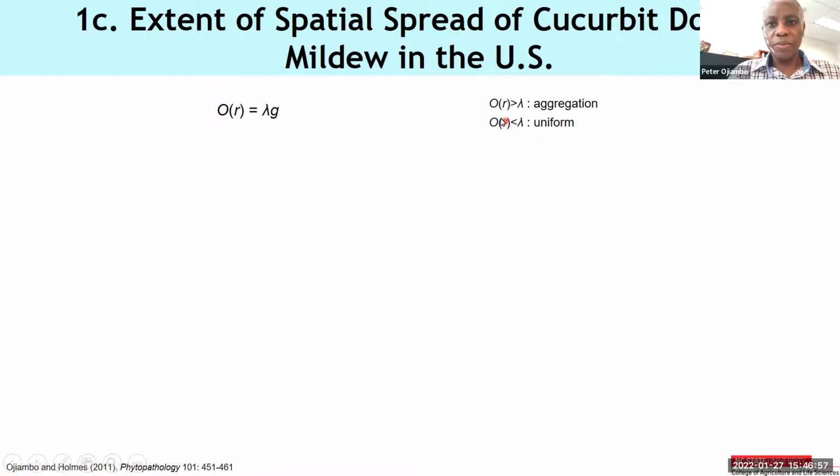When the statistic is greater than lambda, you have an aggregated pattern, and if it's less than lambda, you have a uniform pattern. This was a very good starting point to show to what extent the inoculum can move based on the disease observations that we have.